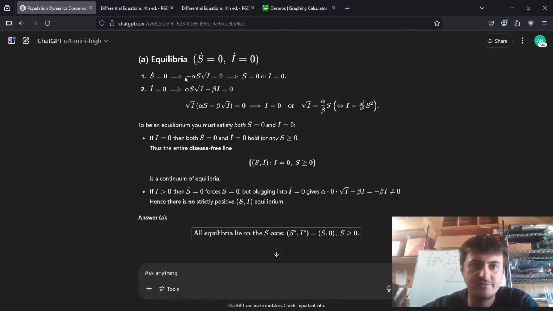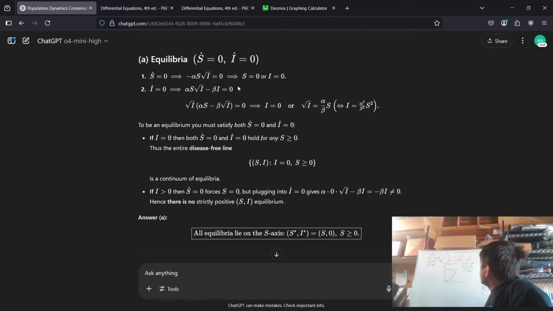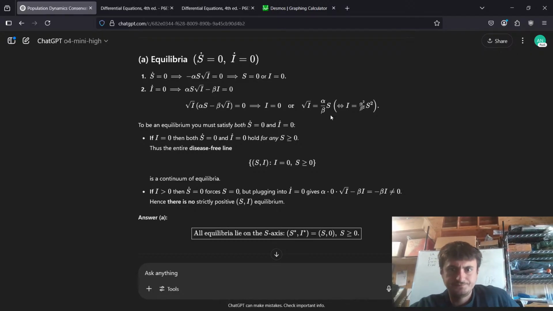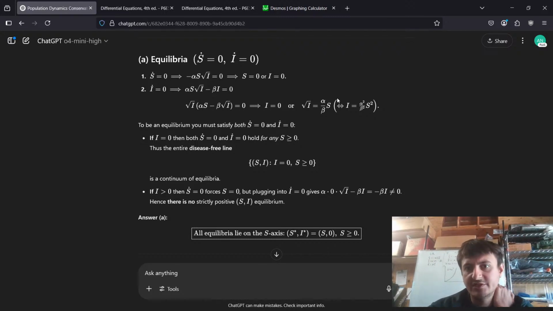So S dot equal to 0 implies I is equal to 0 or I is equal to alpha squared over beta squared times S squared.